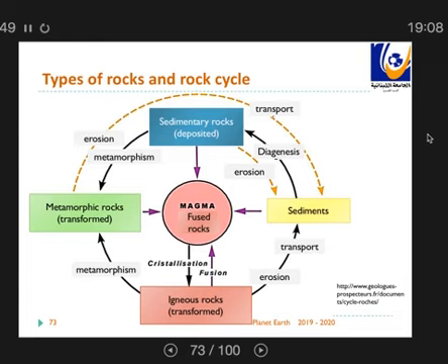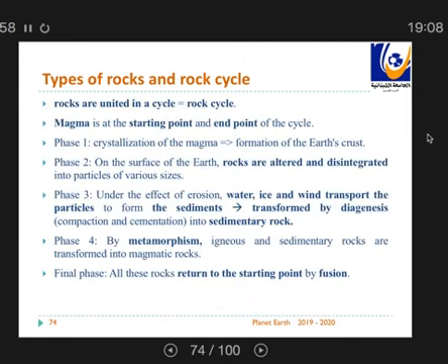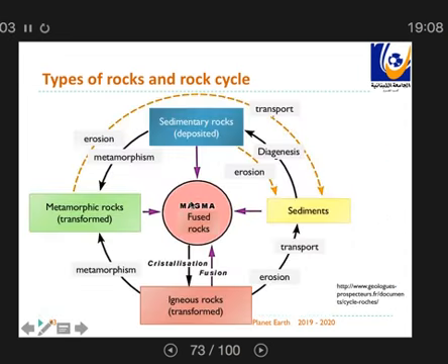Now here in this graphic you have a recap, and in this slide also you have the explanation for the graphic. You can clearly see that it is a cycle. It all starts with magma, which is fused rocks, and the crystallization into igneous rocks, and then these igneous rocks can undergo erosion and form sediments, and these sediments will then undergo diagenesis to form sedimentary rocks.